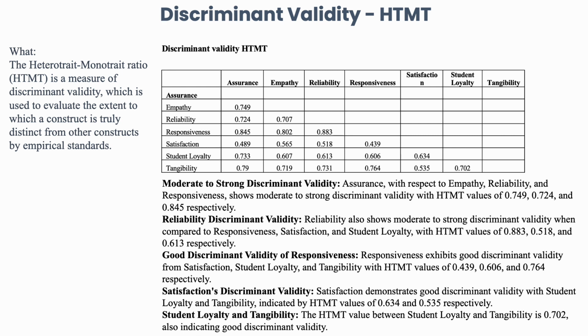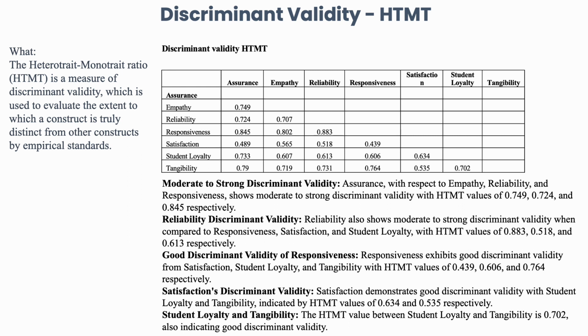Therefore, in conclusion, the HTMT is a useful tool to ascertain the discriminant validity of constructs in our model. Now, finally, if we look at the table for this assignment, what are some of the findings?